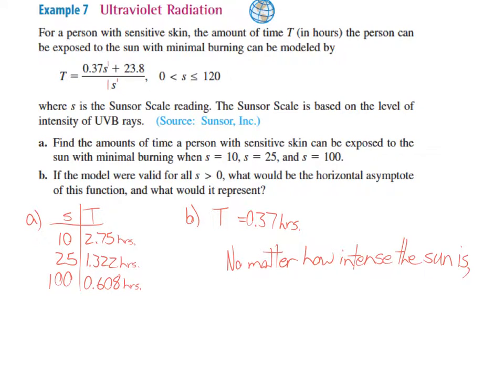Burn up in 1 minute? No, no matter how strong the sun is, it'll never be instant. You're never gonna burn in less than 0.37 hours. After 0.37 hours, you can burn no more.